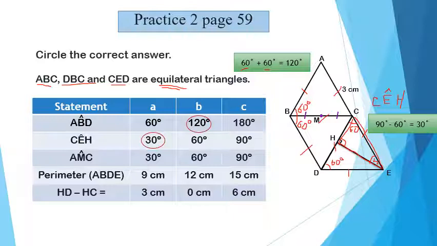Now, what about AMC? If I join the vertex A to the midpoint M, here M is the midpoint of BC, so AM is the median.